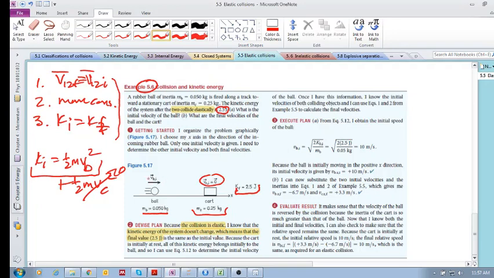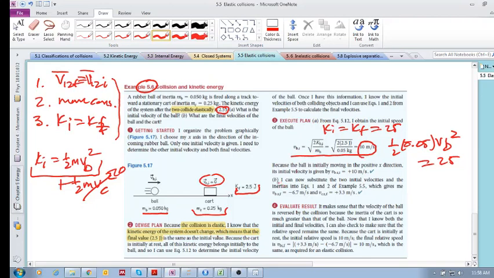And so if you're trying to find the initial velocity of the ball, we have it there because our K initial equals K final equals 2.5. So we've got half times 0.05, the mass of the ball, times the velocity of the ball squared, equals 2.5. And so we just solve that and we get 10 meters per second.